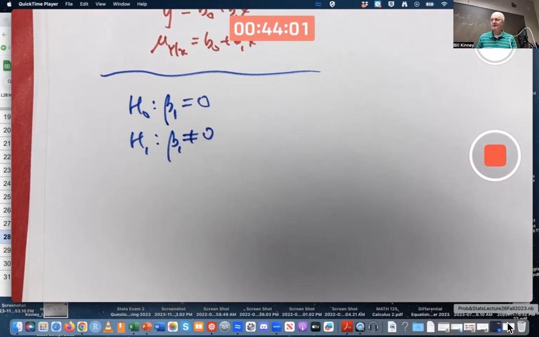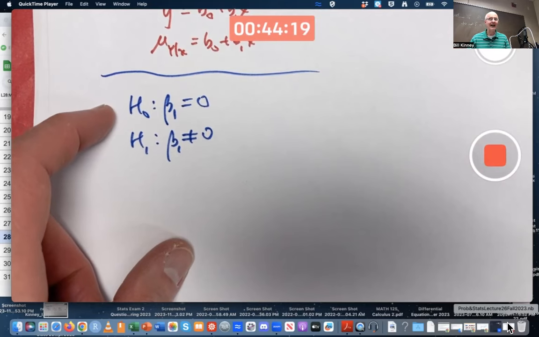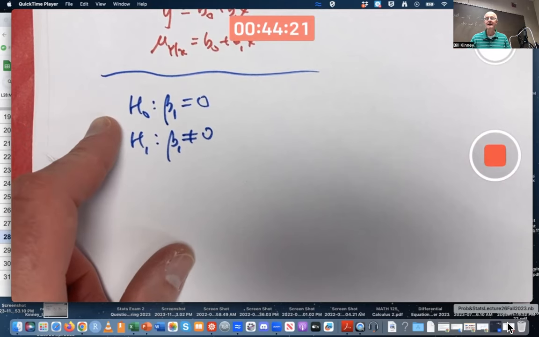When I teach statistical analysis, this is the only hypothesis test that we do in regression. Not that you couldn't do others, but this is the most fundamental one, because essentially in testing this, you're testing whether the regression is significant or not. Are you going to reject this null and say, yes, I do have a slope that's non-zero, as opposed to a slope that is 0?